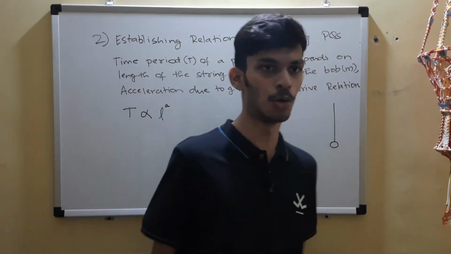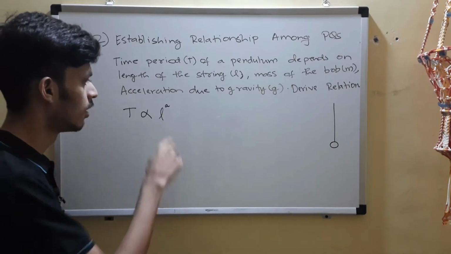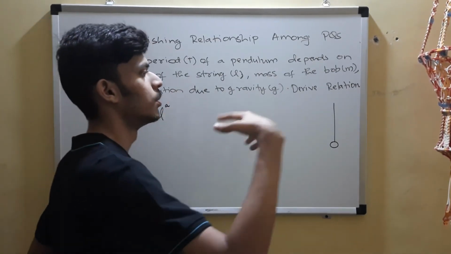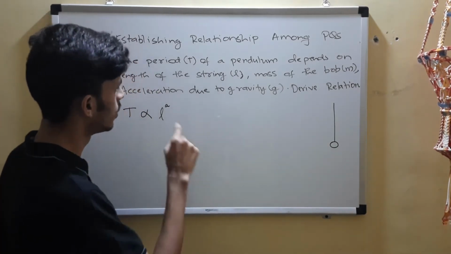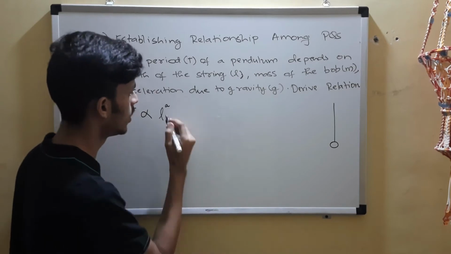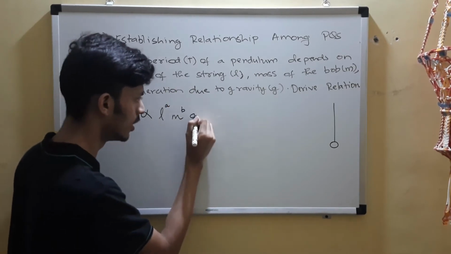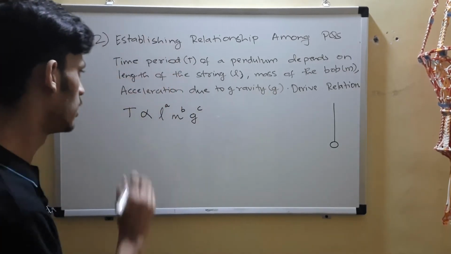For now we don't know that, so we'll directly write it as L raised to A. It can be positive or negative, so accordingly we'll get directly or inversely proportional. So we'll write L raised to A, M raised to B, and G raised to C. You write it this way first. This is step 1.